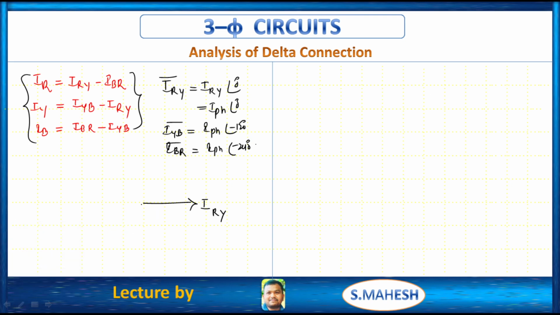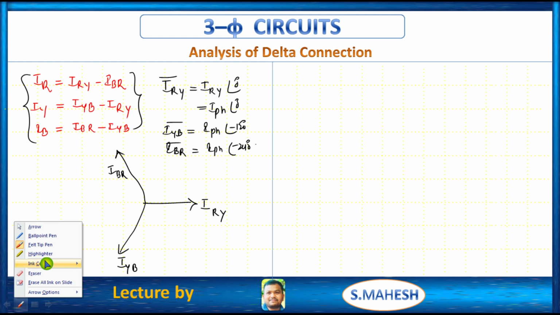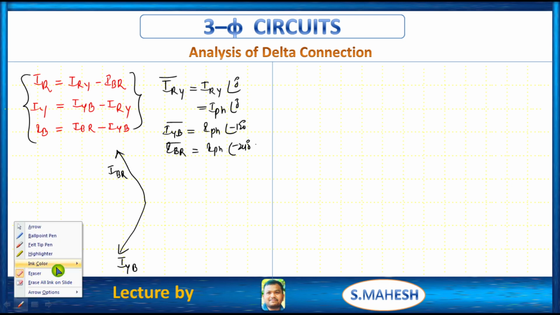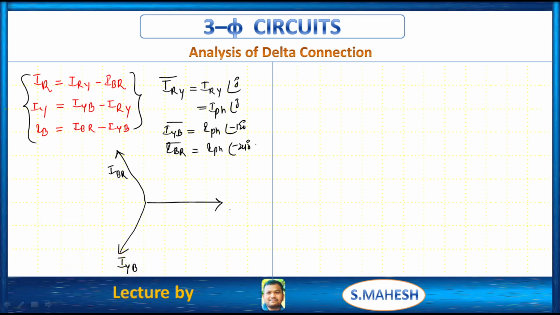Next, this is what? IYB, like that. This is what? IBR. This is IRY. Clear?